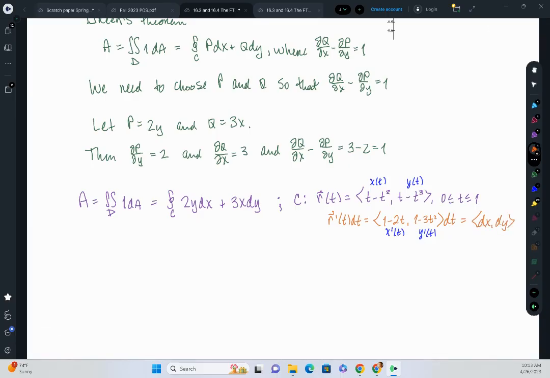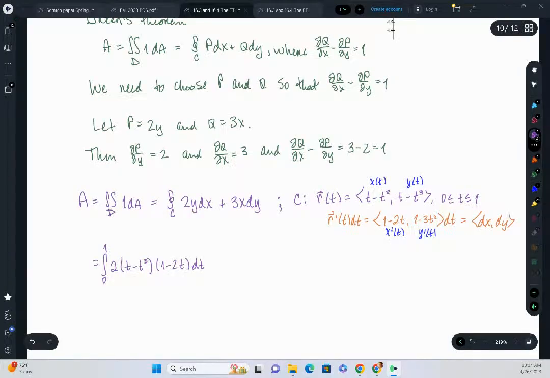Okay, so with all that said, we're going to plug everything in. We know our bounds are 0 to 1. 2y, okay, well, everywhere there's a y, I need to use the y component of r of t, which is t minus t cubed. dx is going to be that first component of r prime, so it's 1 minus 2t dt, plus 3 times x, and x is coming from the first component of r of t, and it is t minus t squared, times dy, which is coming from r prime of t, that'll be 1 minus 3t squared dt.